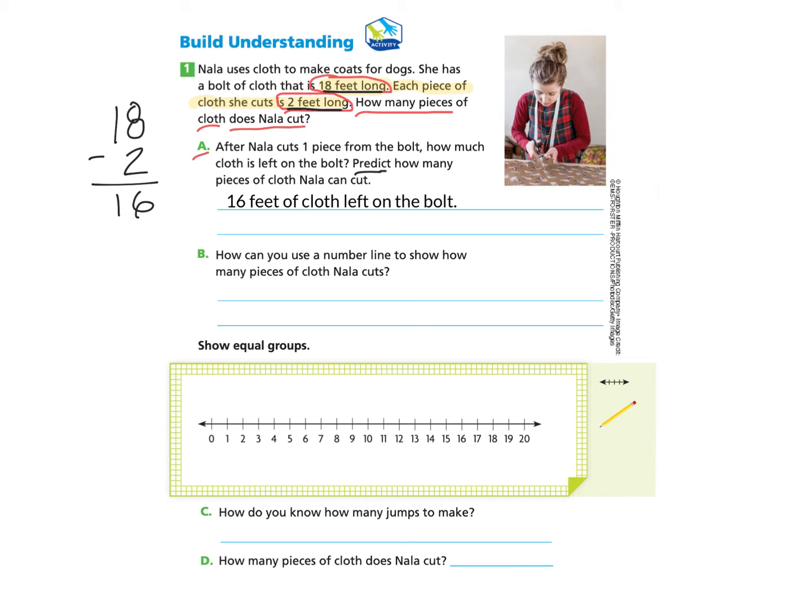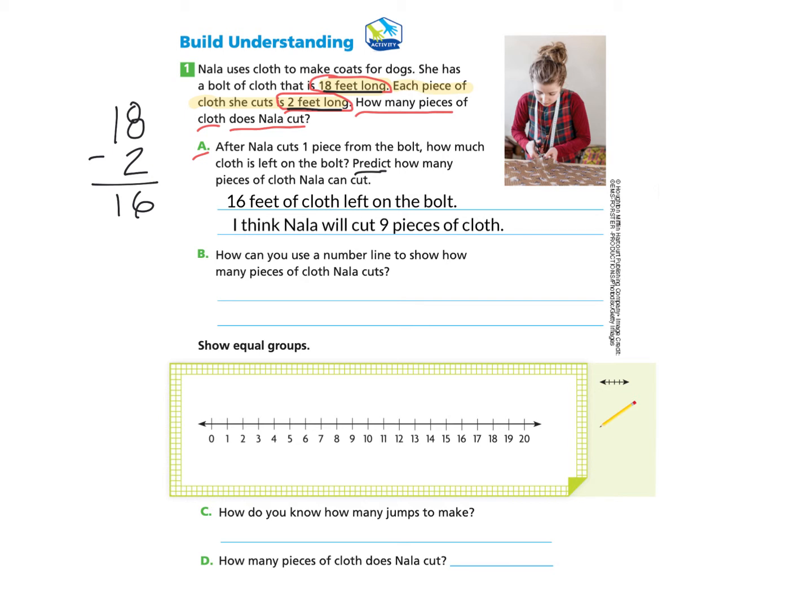That's one way that you can help make a prediction. So I'm going to write in that I think Nala will cut 9 pieces of cloth. And that's really because I'm counting by 2s. 2, 4, 6, 8, 10, 12, 14, 16, 18. And I do that, it's 9 times.